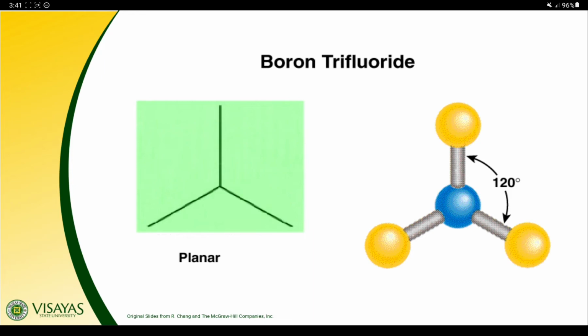An example of a molecule with class AB3 is boron trifluoride. We have our boron in the center, and we have our three fluorine atoms. When we draw a molecule of AB3 class, we have our A in the center, and then our three atoms bonded.